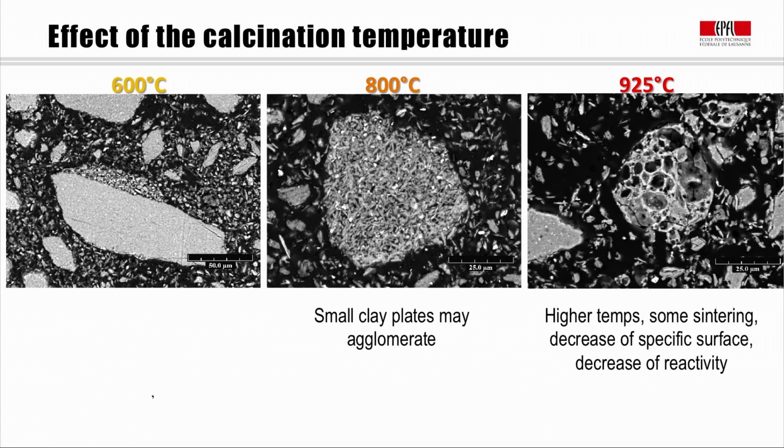And what's happened is we've had a small amount of liquid phase forming, which actually sinters these clay particles together. And if we have this happening, then we may get a very strong decrease in reactivity.